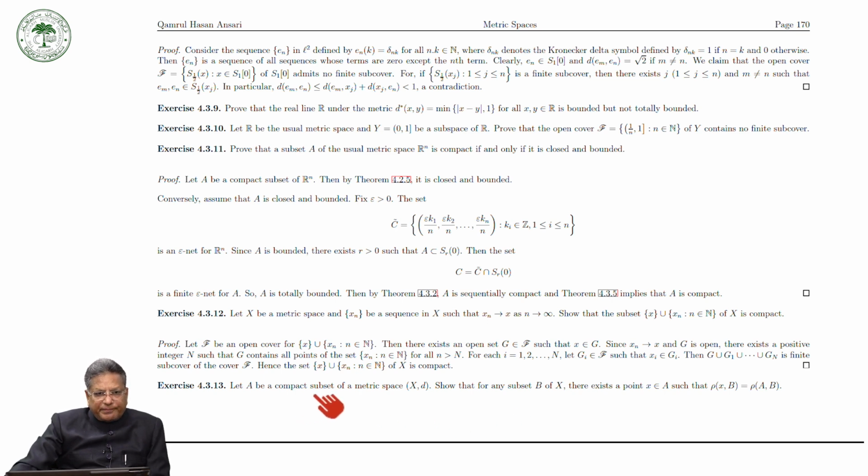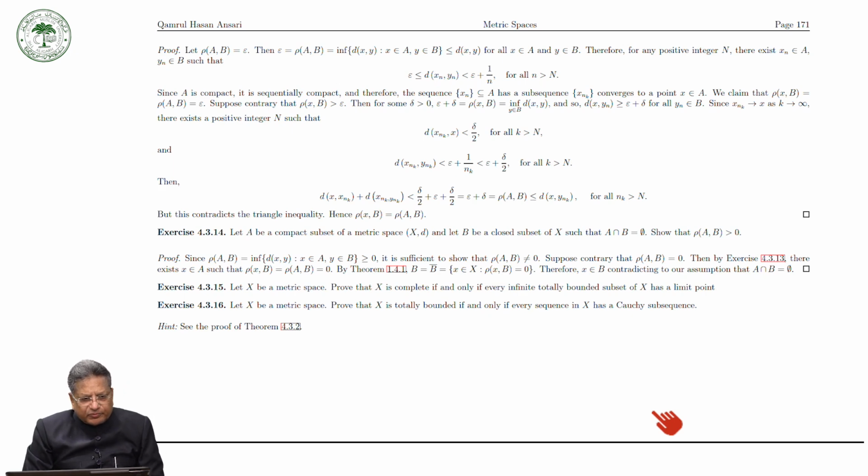So A is a compact subset of a metric space. Then for any subset B of X, there exists a point x in A such that the distance between x and B is the same as the distance between A and B.